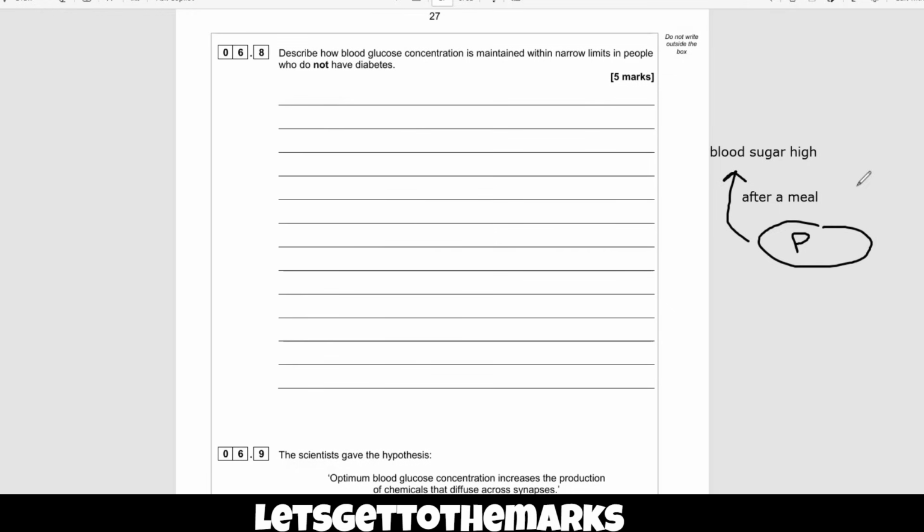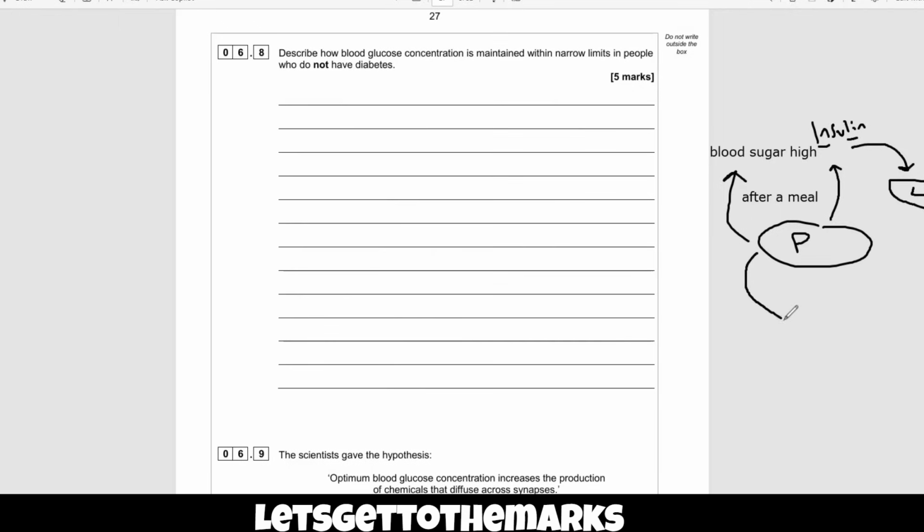What does the pancreas do? The pancreas releases insulin. I think of the IN as in, and then liver, or liver in. So it takes the sugar and sticks it in your liver, and turns it into something called glycogen in the liver.